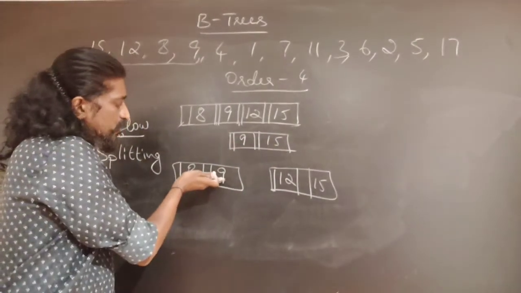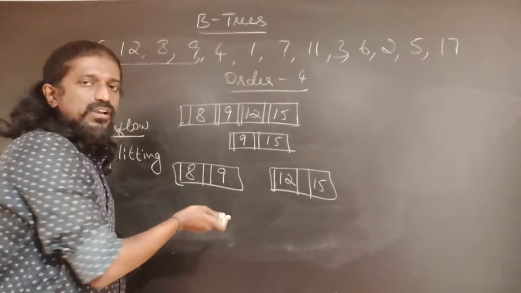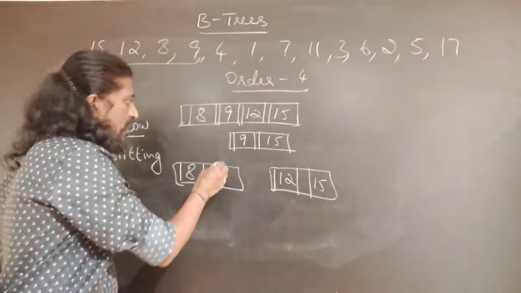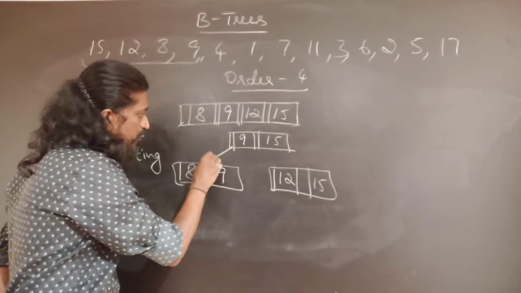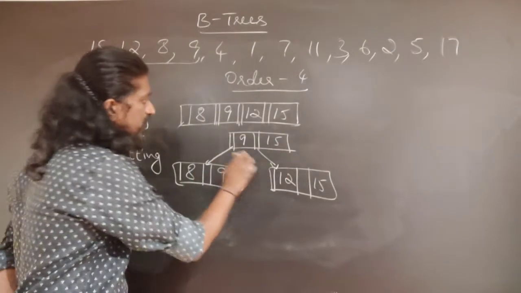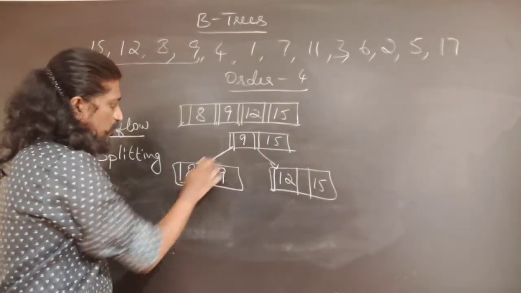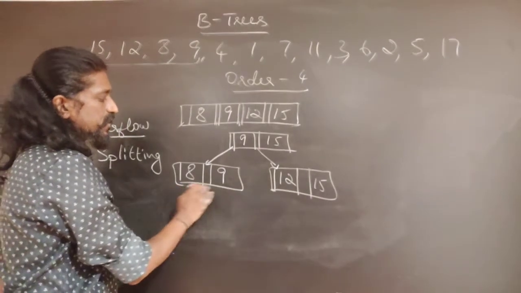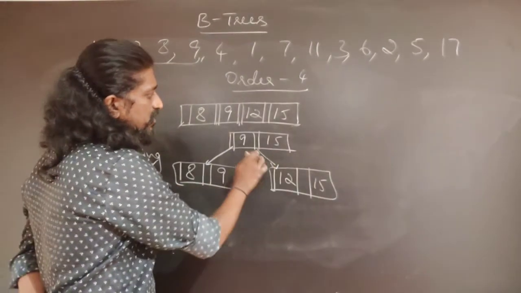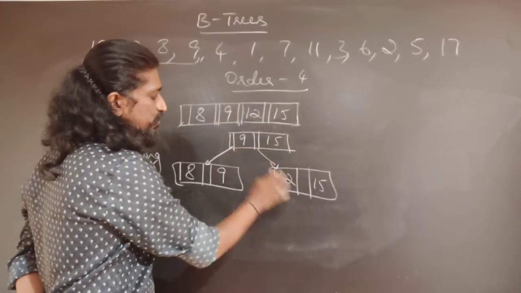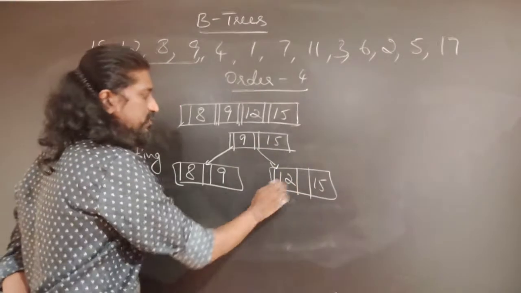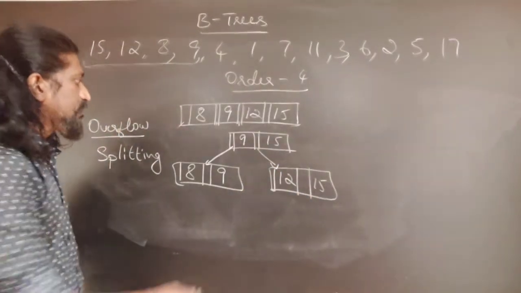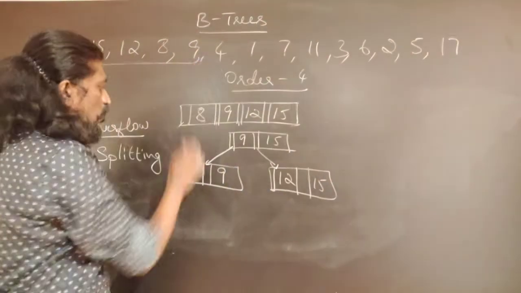This process of bringing the largest key to the higher level is called promoting. And then we will make the descendants point. The pointer left of 9 will point to the node which consists of keys 8 and 9, and the middle pointer between 9 and 15 will point to the next node that was split, which consists of 12 and 15. Okay, so now we will insert 4.